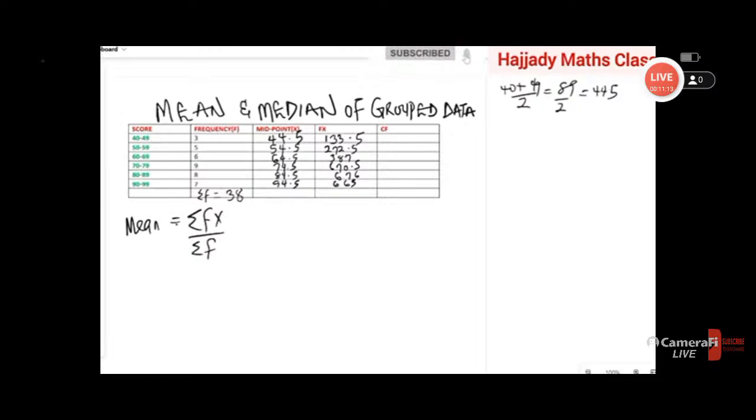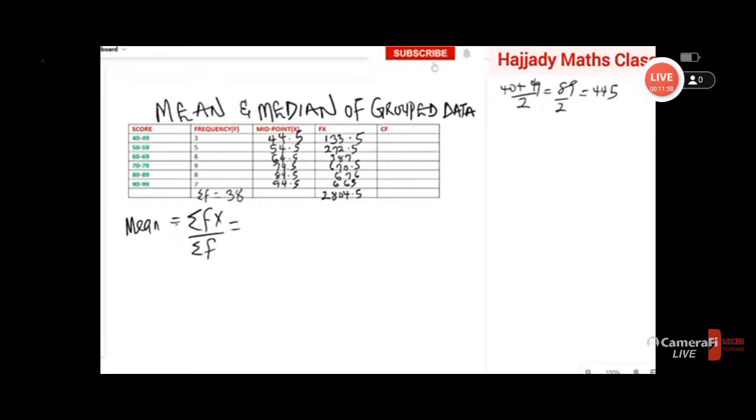Okay? So, adding this together, the summation of our fx, this plus this plus this plus this, in total is going to give us 2,804.5. So this is going to stand for our summation fx.